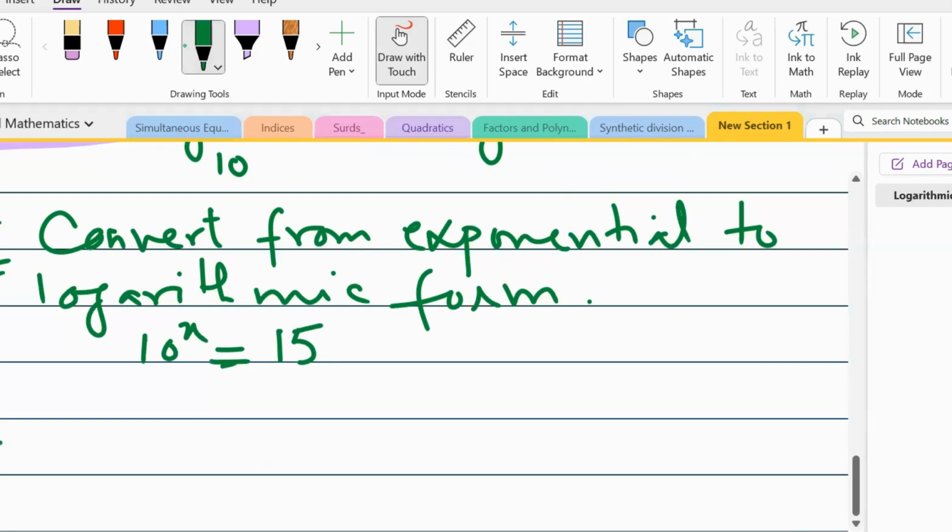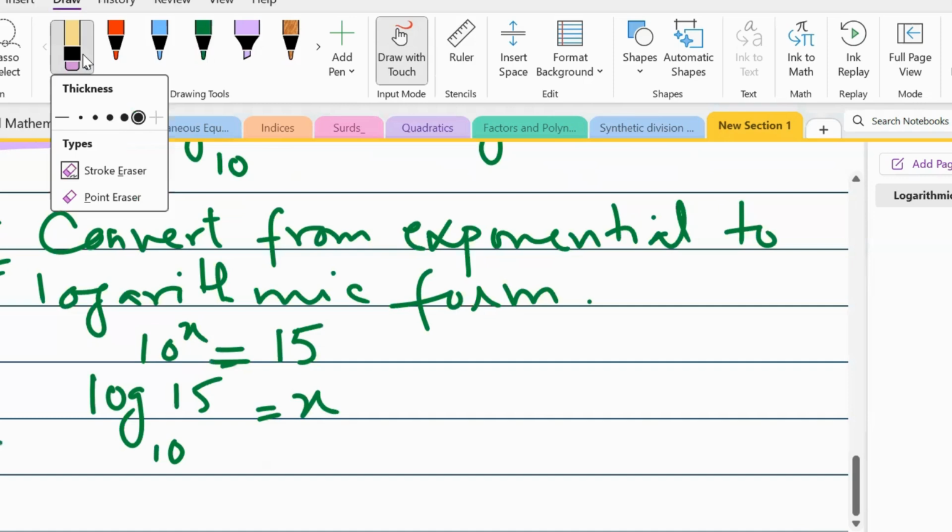Now, how can you change it? You will write log 15 to base 10 is equal to x.